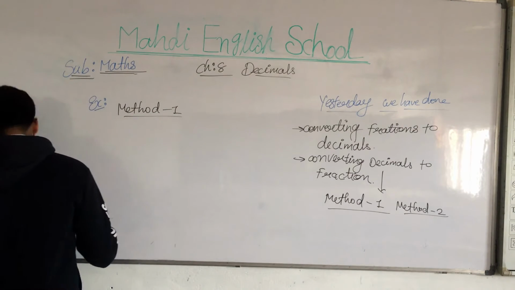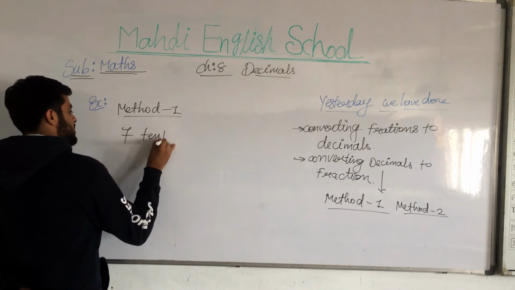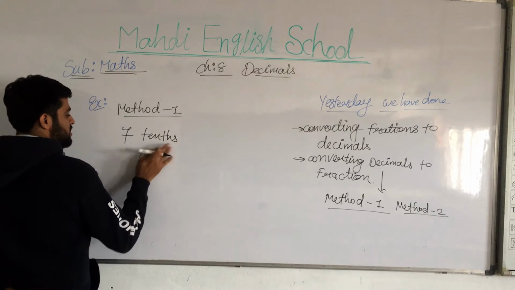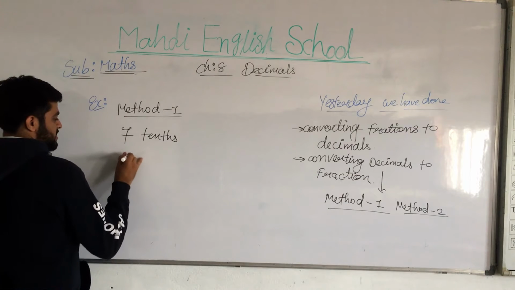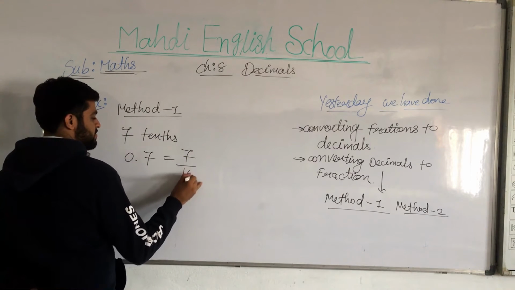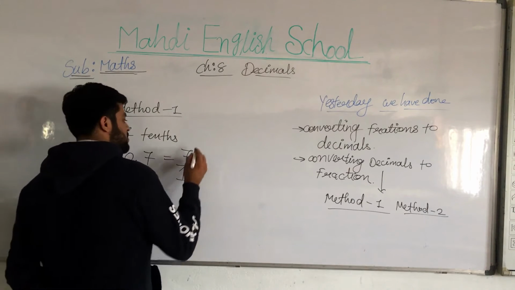I show you here 7 tenths. It means we place 0.7 as 7 upon 10. Put my points, my dear students.